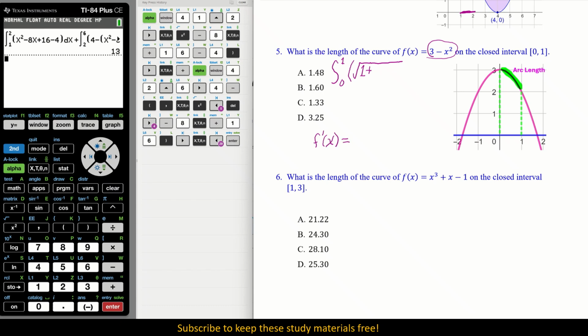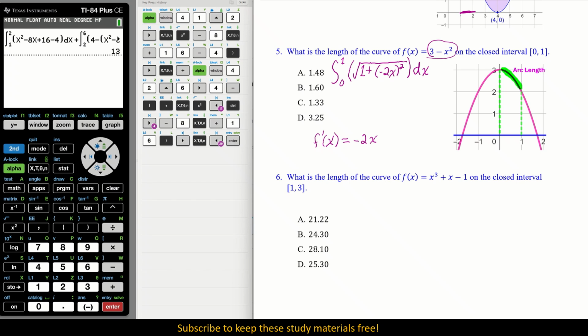That equals, well, the derivative of 3 is 0. Apply your chain rule. So what do we have when we apply that? We have 0, then we have negative 2x. So that's what we need to put in parentheses, minus 2x, close your parentheses and square it, more parentheses, and that is your dx. Okay, that should give us that little section of curve there.